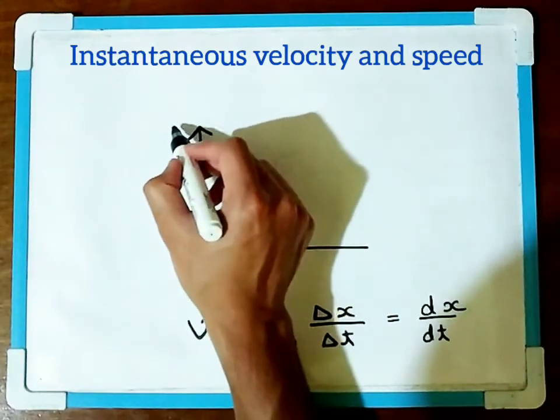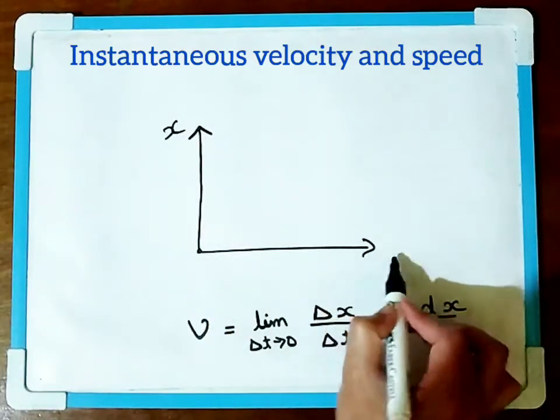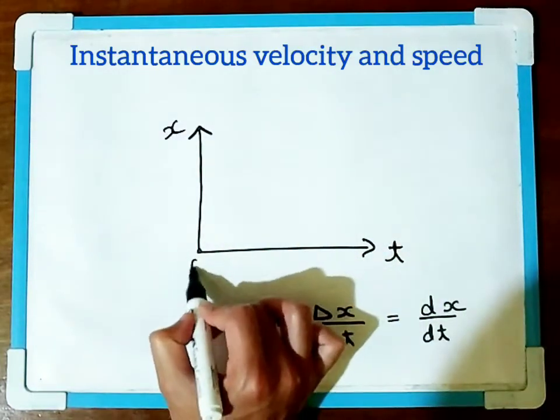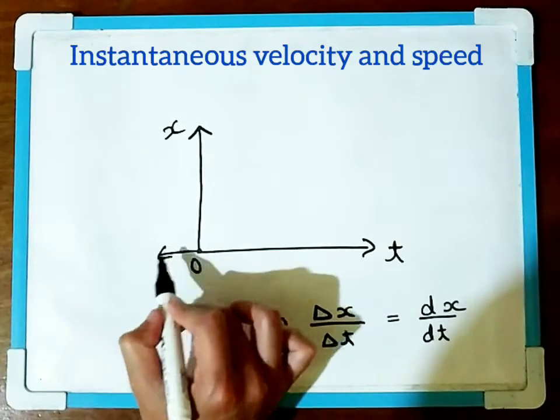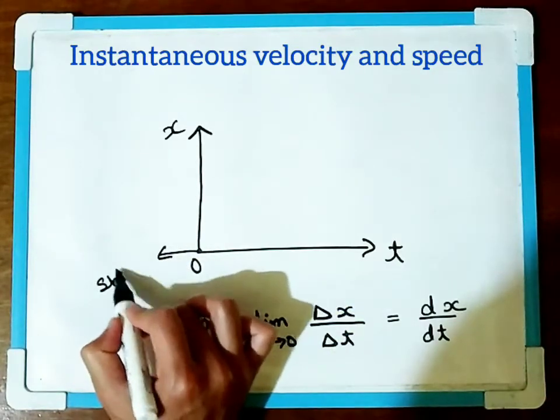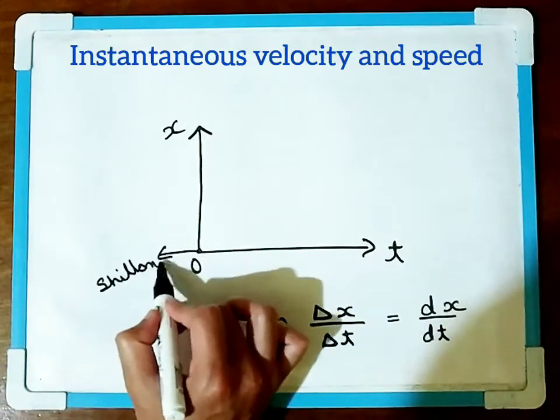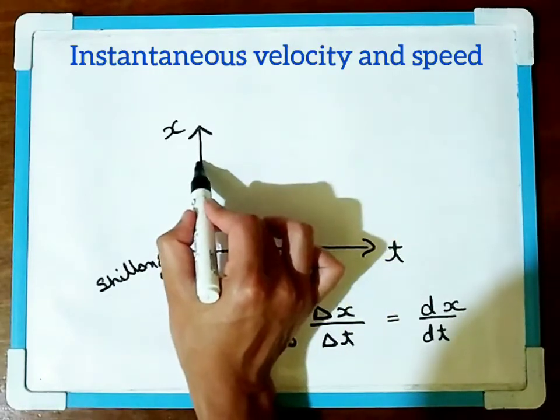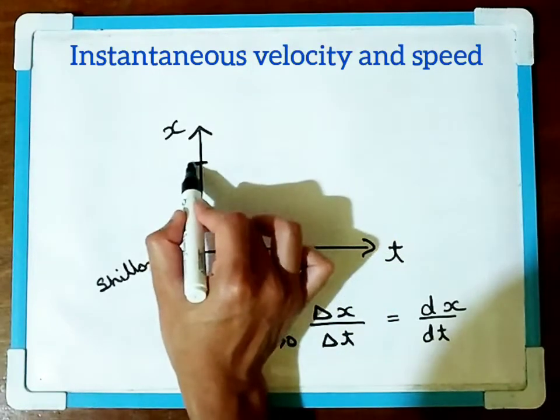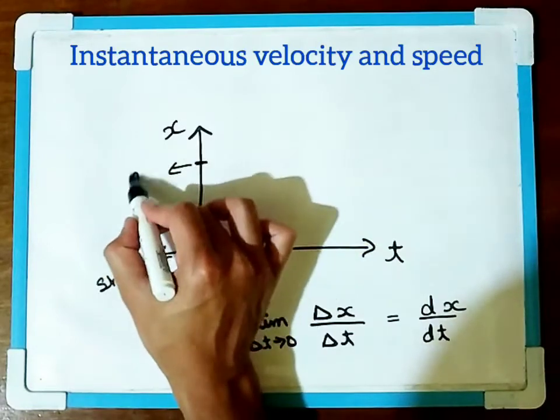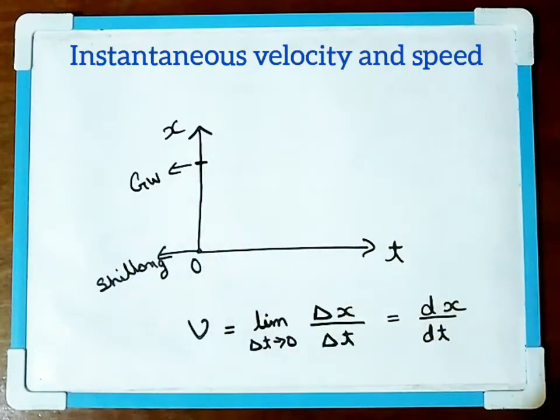So this is the position time graph. This is your starting point, Shillong, and this is your destination, Guwahati. So I'll just write GW.